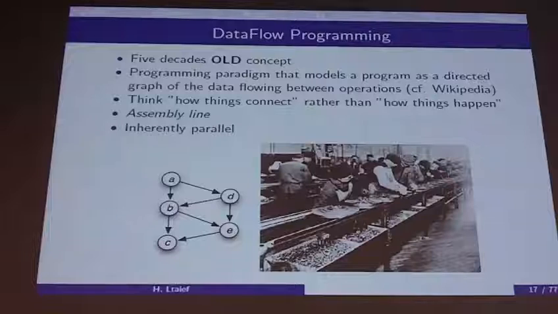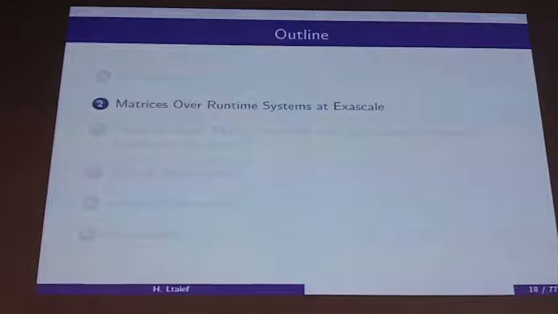You should think of it as how things connect, really, rather than how things happen. It's like an assembly line, right? The project is here, I just do something about it, and I move on. I pass it on to somebody else, and so on, okay? So it has very nice features. It's inherently parallel, okay? And we could really exploit it by having an efficient runtime system.